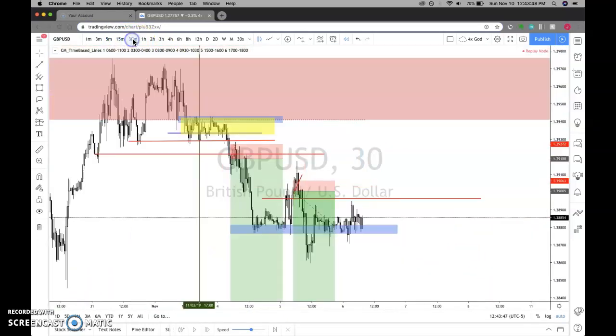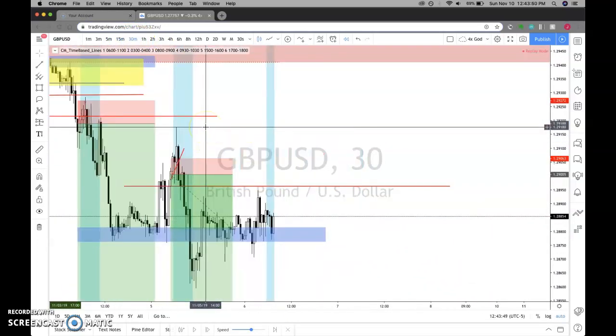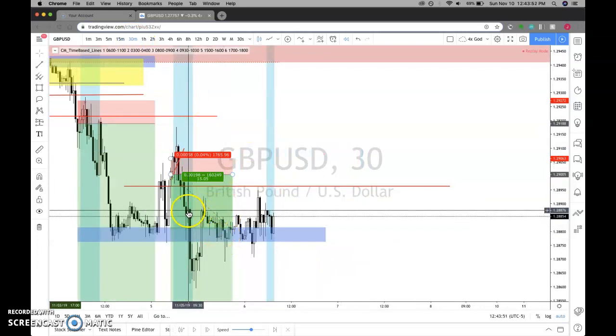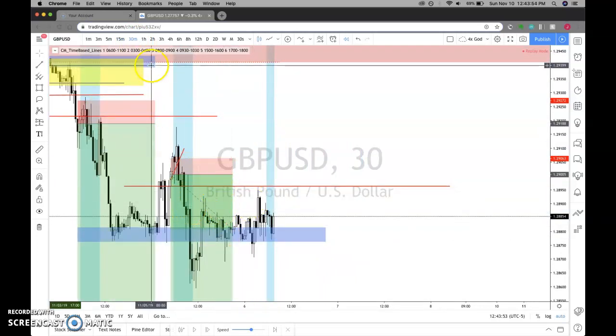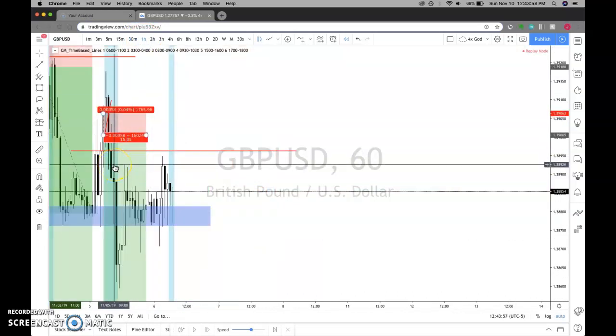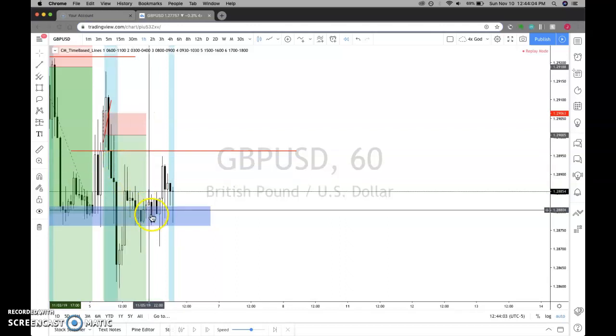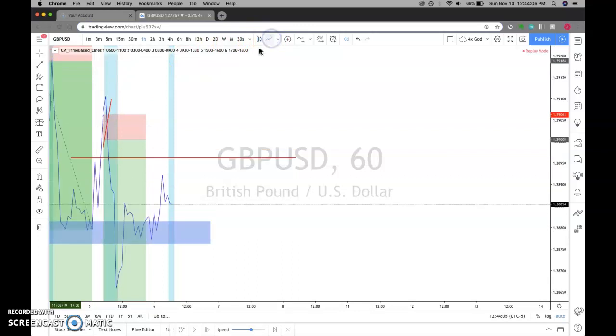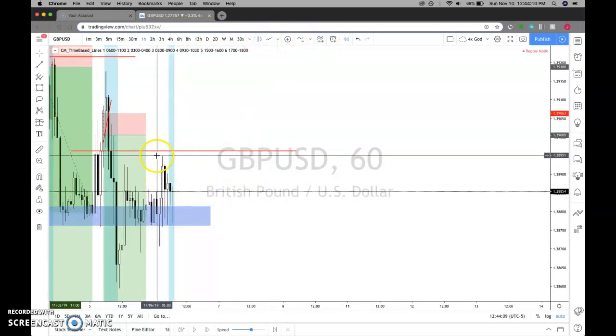We've got M30. Yep, got that down. So on H1, we still have not closed above. Well, that's not even our breakout point. This is our breakout point.